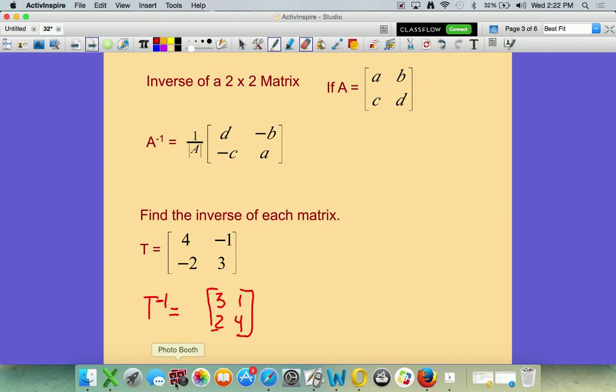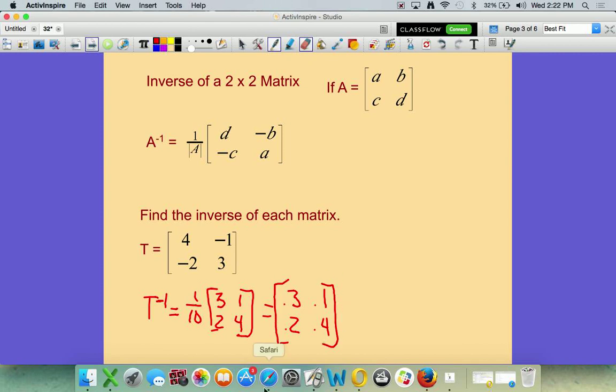Then we need to do the determinant, so 1 over the determinant, so 12 minus 2 is 10. So we've got 1/10 times this matrix, and then we just got to multiply that through. So 0.3, 0.1, 0.2, and 0.4.